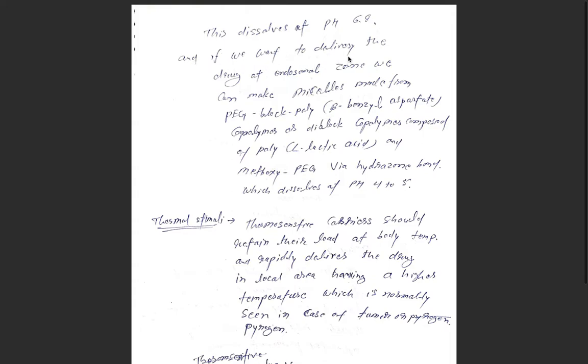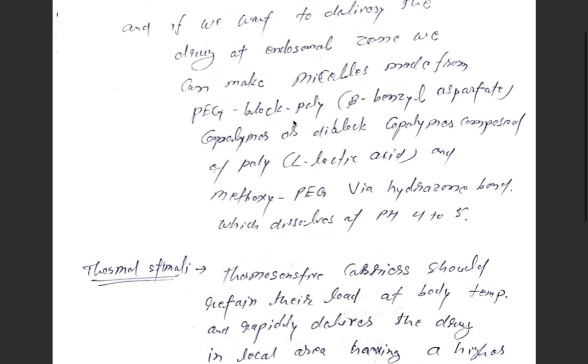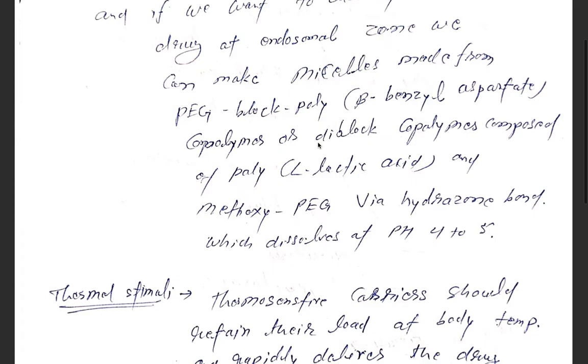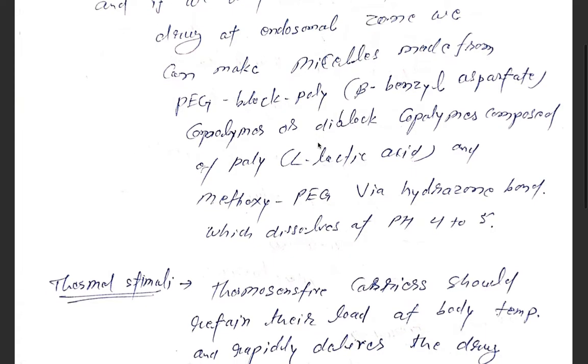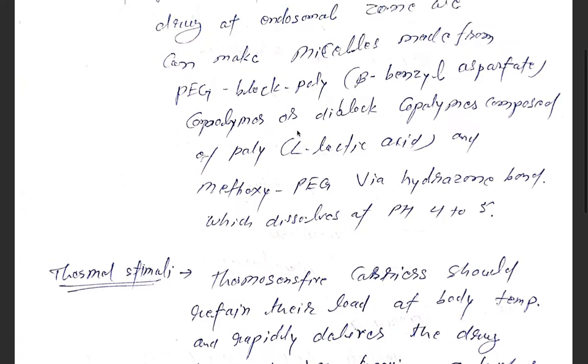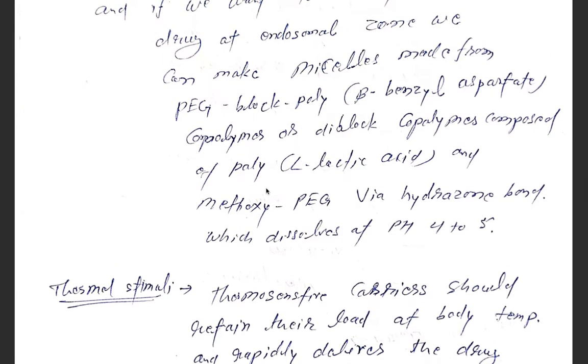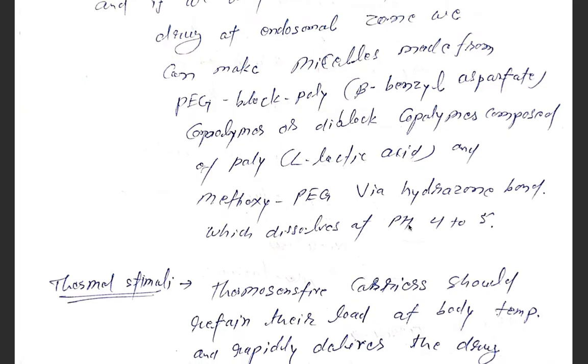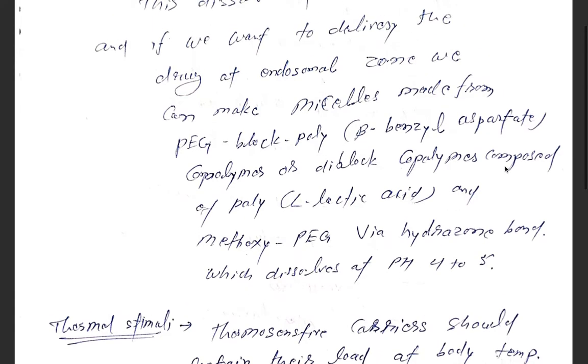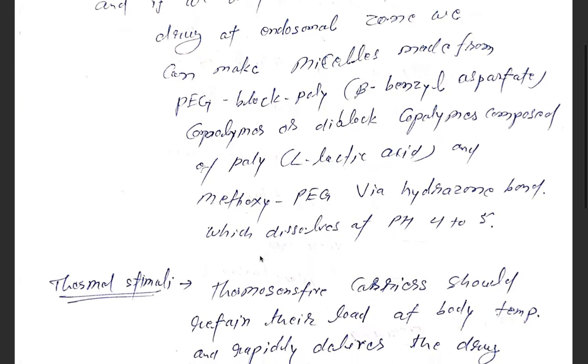If we want to deliver the drug at the endosomal zone, we can make micelles from PEG block poly beta benzyl aspartate copolymer, or a diblock copolymer composed of polylactic acid and methoxy PEG via hydrogen bonds, which dissolve at pH 4 to 6. So this drug carrier will dissolve at pH 4 to 5.